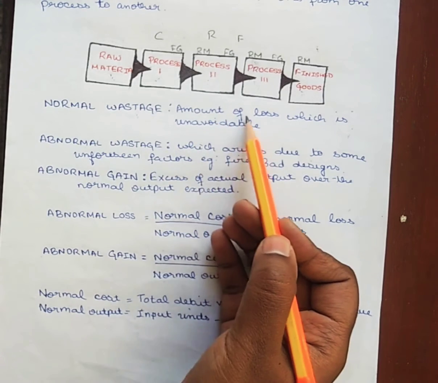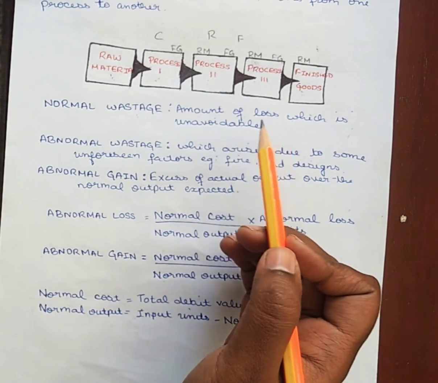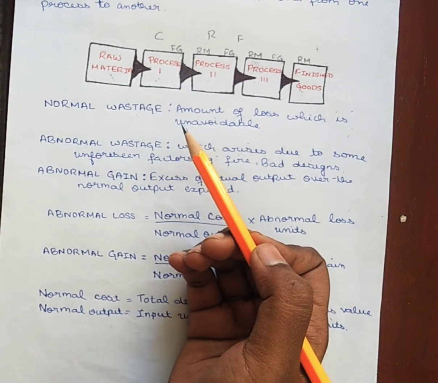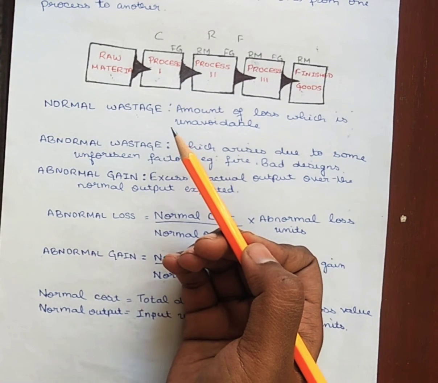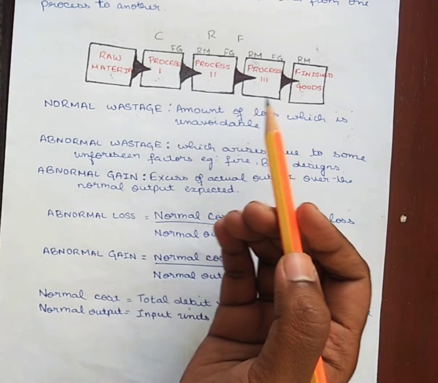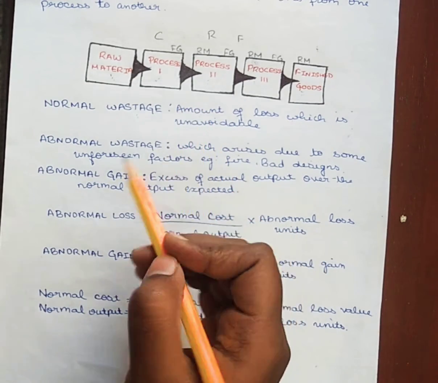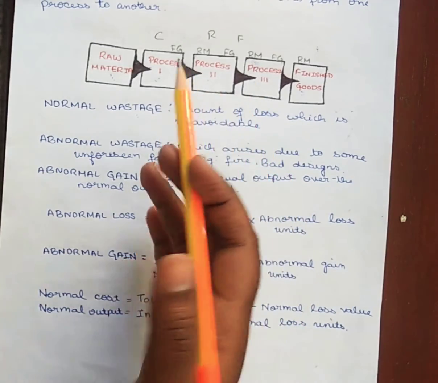This is the amount of loss which is unavoidable, which means you cannot avoid it. For example, if you are a biscuit manufacturing company, usually if you visit some factories like the Parle-G factory, you can see that the biscuits will be passed and at the end some of the biscuits will be overcooked or undercooked. Such biscuits will be removed anyway at the end.